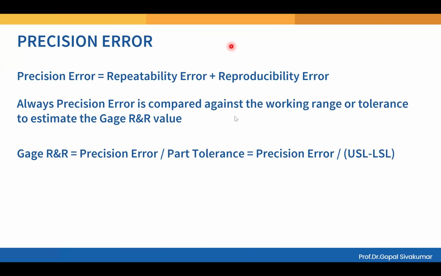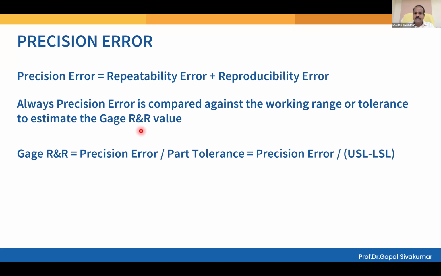Yes, sir. Now, see here, precision error is the sum of repeatability error plus reproducibility error. This is clear? Very good. Now, the precision error is compared against the working range or the tolerance provided by the customer. Why? To estimate the gauge R&R.